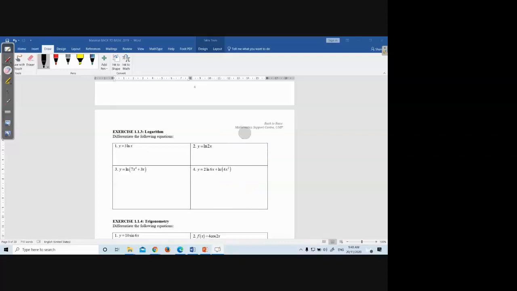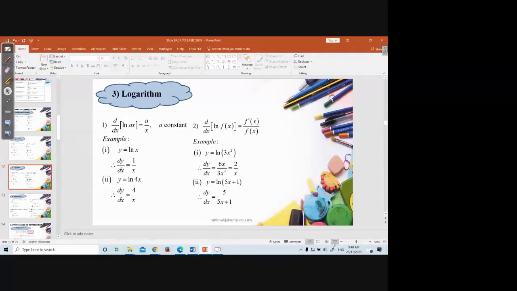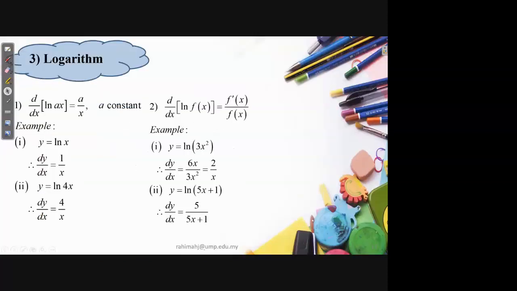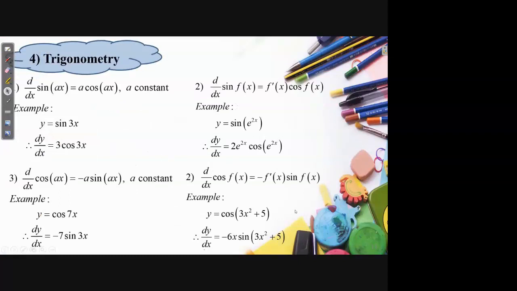So in mathematics, normally we want you to write in a simpler form, please simplify your final answer. In order to simplify, you must know the basic mathematics skills. So for trigonometry, differentiate sine is cosine, differentiate cosine is negative sine.